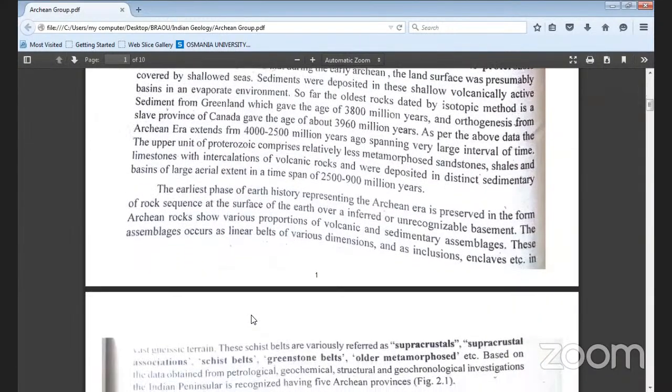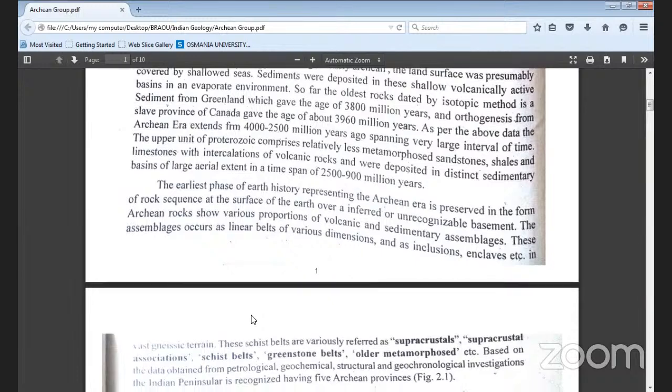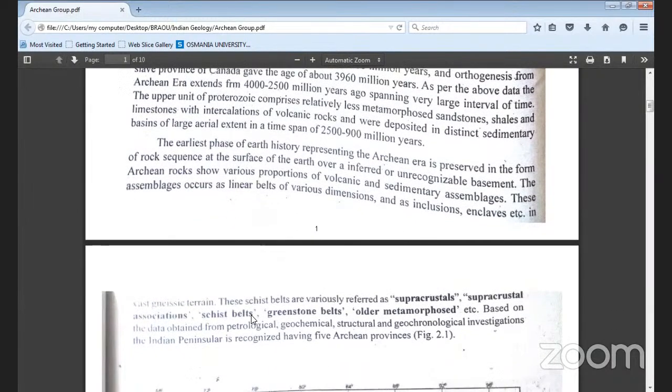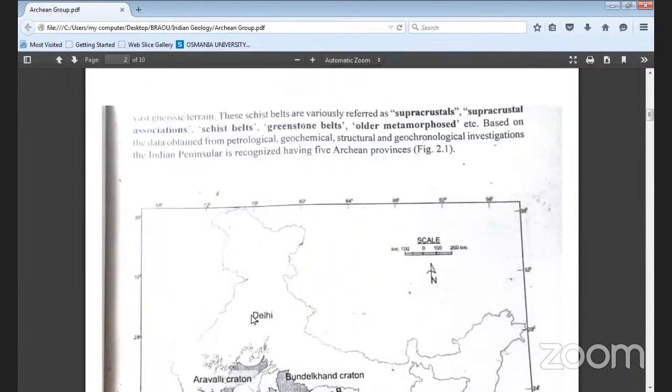The earliest phase of Earth history is represented by the Archeans, and it is an unrecognizable basement. The Archeans have various proportions of volcanic and sedimentary assemblages, and these assemblages occur as different belts of inclusions, enclaves in gneissic terrains.